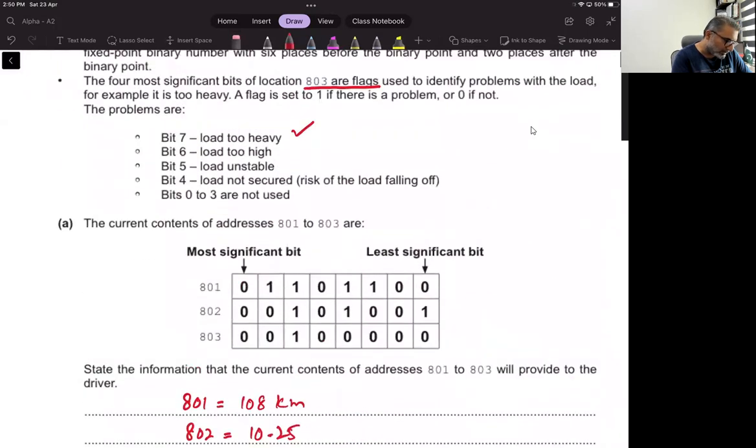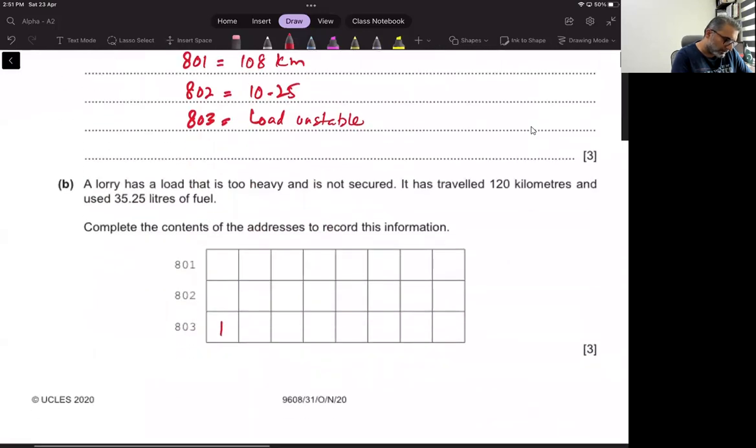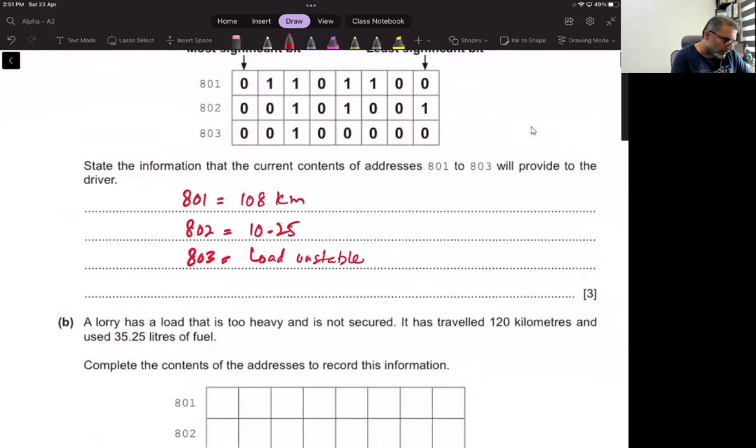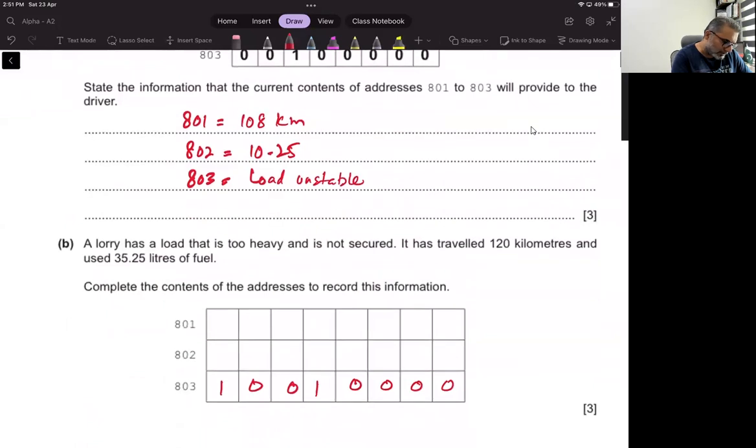So not secured means load not secured, bit 4. So there we go, 0, 1, 2, 3, 4. So this is basically, it had traveled 120 kilometers. So 801 is 120 kilometers.